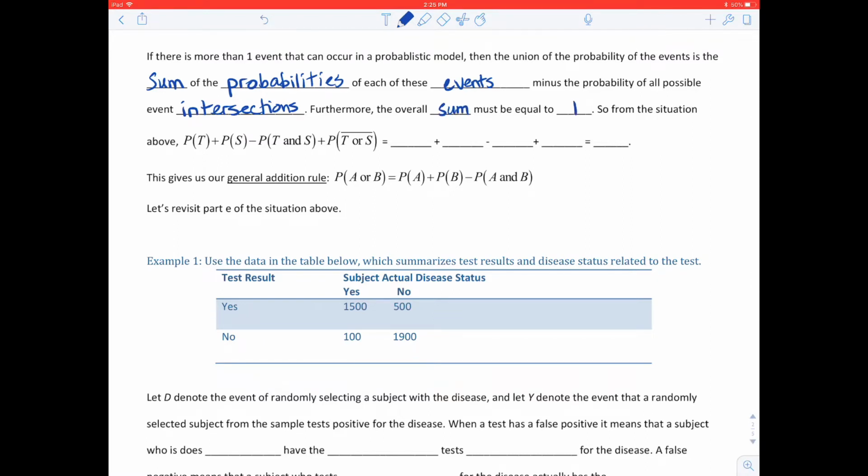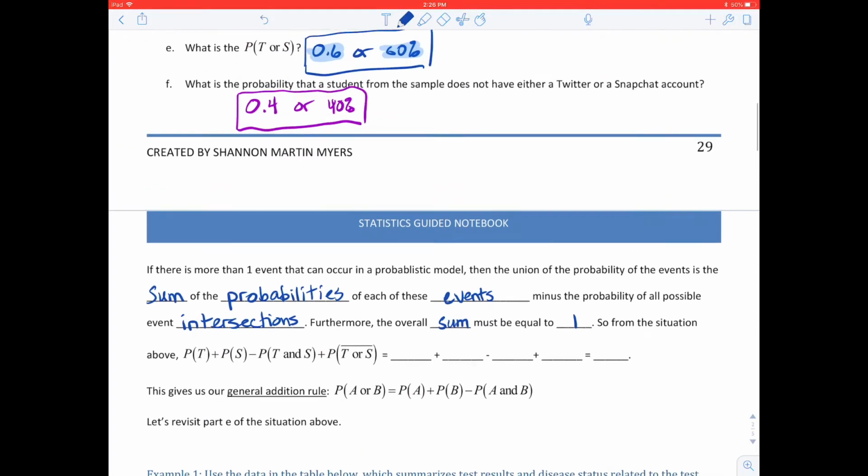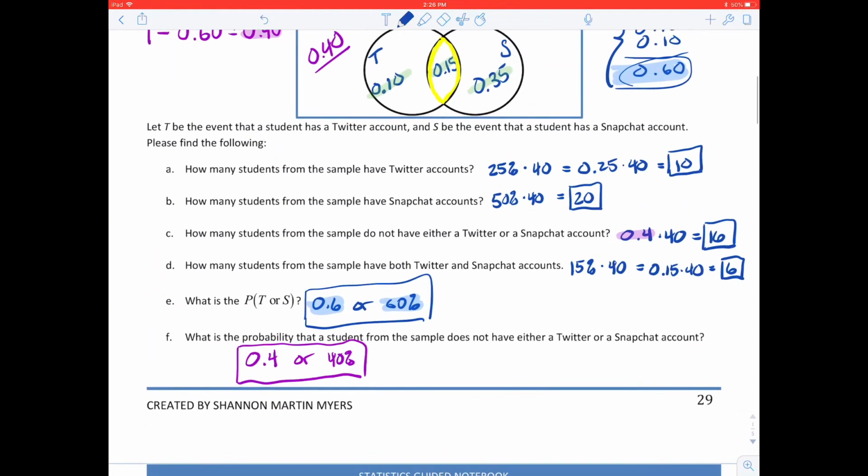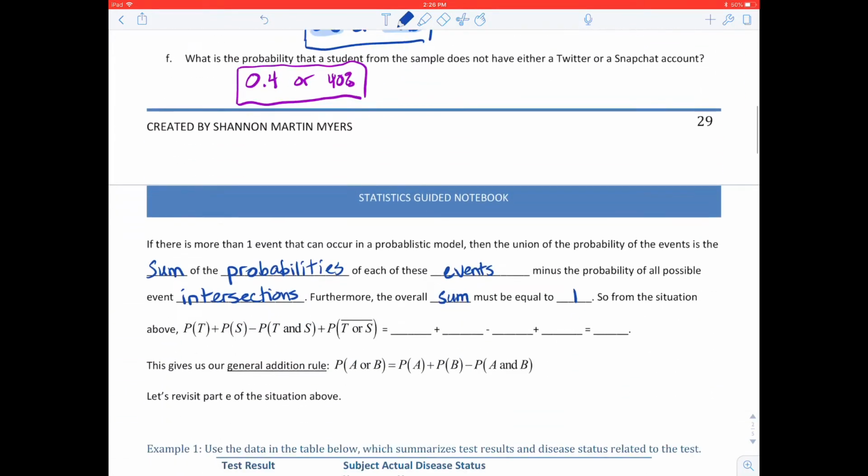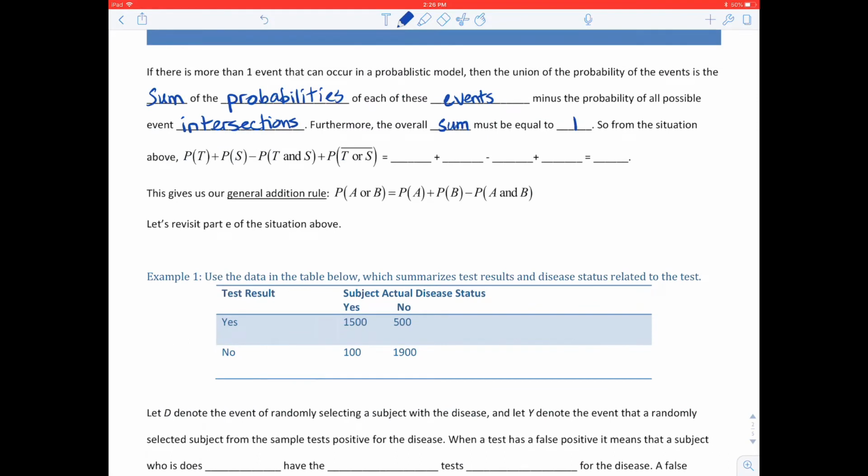So from our situation above, we would have the probability of a student having a Twitter account, which we found was 0.25. Remember, that was given in the problem. Plus the probability of them having a Snapchat account, which was 0.5. And that again was given in the original problem, minus the probability they have both.